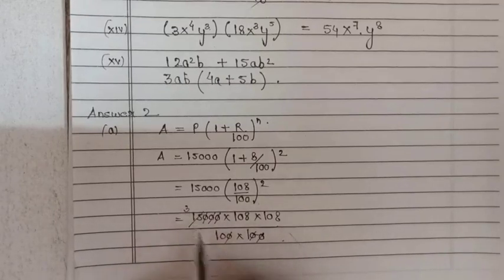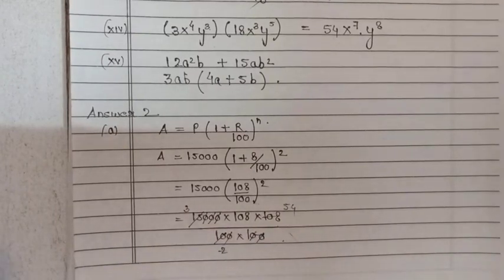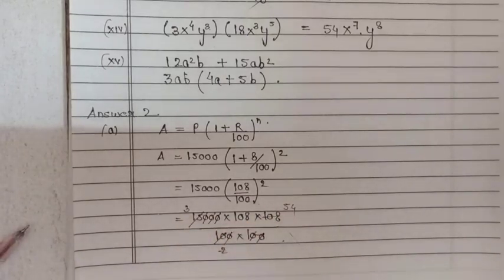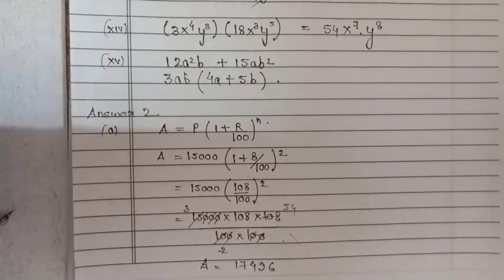5 will cancel it 3 times, 5 will cancel it 2 times, 2 will cancel this 54 times. So you are getting 3 into 108 into 54. So you are getting amount as 17496. So this will be your amount.